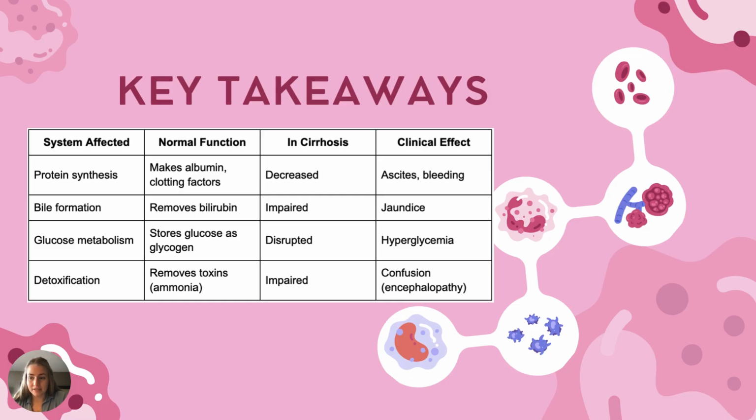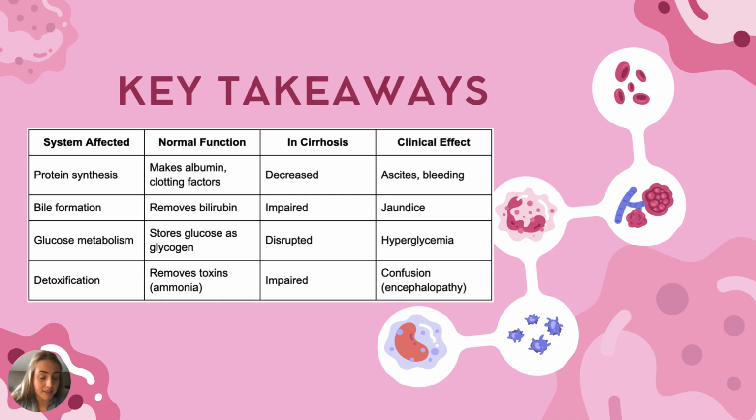Each of Peggy's symptoms, from fluid buildup to confusion, glucose, and bile formation, can be traced directly back to the loss of a specific liver function, which we can see here in this little table that I made. This case with Peggy Fender is a really good illustration of how damage to a single organ can have widespread effects, and also why prevention and early treatment of liver disease is so crucial.